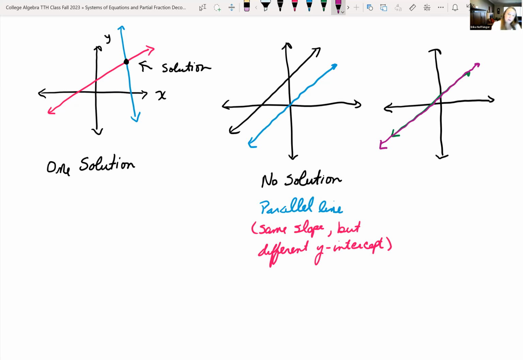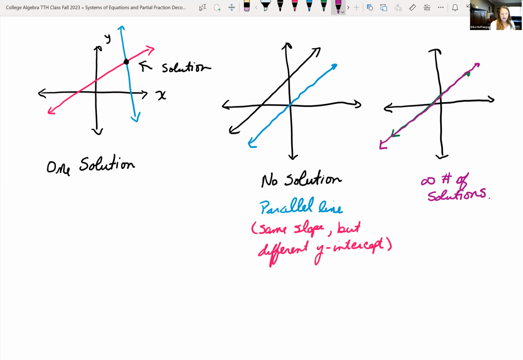Every point that lies on those lines is a solution to that system, so this is a case where we have an infinite number of solutions. If you looked at the equations of the lines again, you would notice that they have the same slope, but in this case, they would also have the same y-intercept. So that's what's going on graphically if we're looking at two equations, two unknowns.